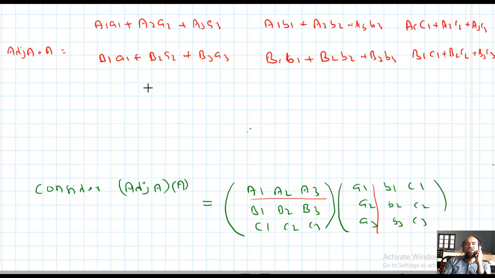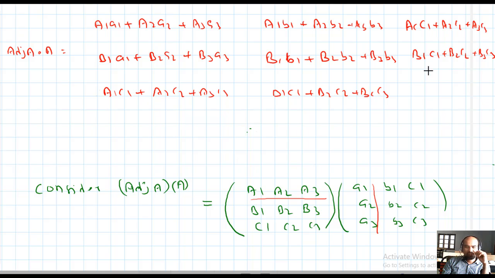So second row is also completed. Now the third row, first column element: C1 into a1 plus C2 into a2 plus C3 into a3. Next, C1 into b1 plus C2 into b2 plus C3 into b3.